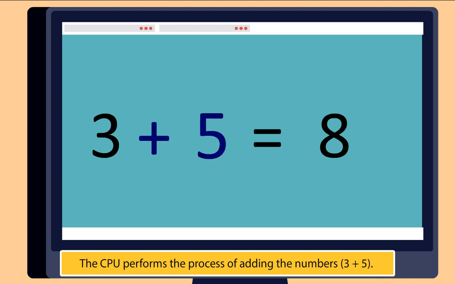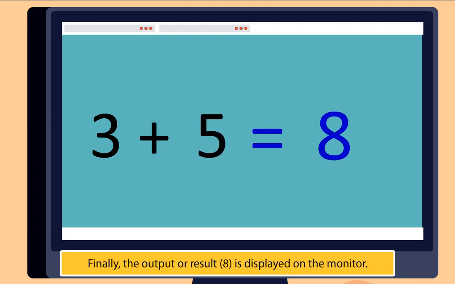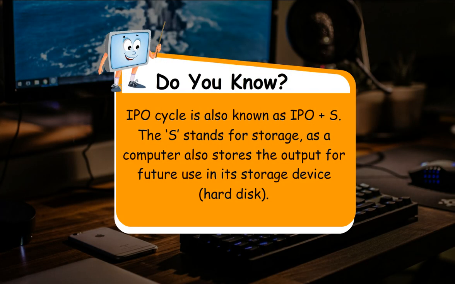Finally, the output or result 8 is displayed on the monitor. Do you know? IPO cycle is also known as IPO plus S. The S stands for storage, as a computer also stores the output for future use in its storage device, hard disk.